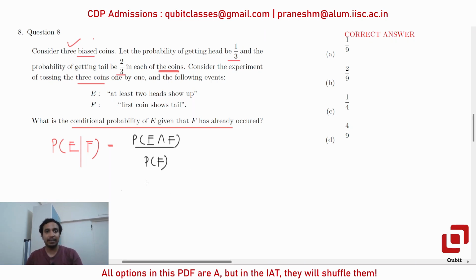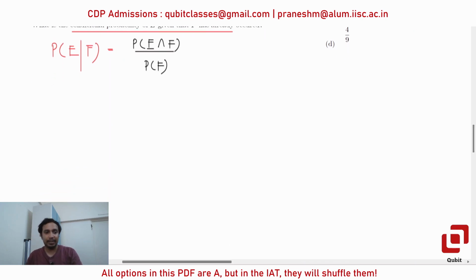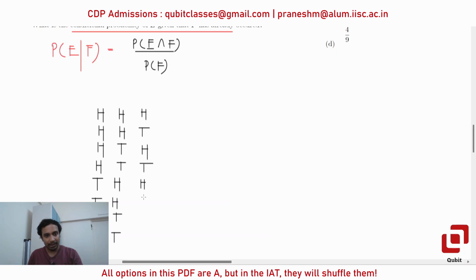What are the outcomes that we get if we toss 3 coins? Let's make a table of that quickly. H, H, H, H, T, T, T, T, right? Then H, H, T, T, H, H, T, T, then H, T, H, T, H, T, H, T.